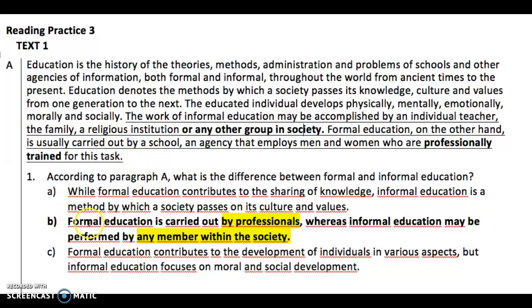When you look at option B, you can see all these similar or same words and meaning here in the yellow highlighted part, and also you can read this word whereas, which is the synonym of on the other hand, and gives us difference meaning. Okay, so that is question number 1.